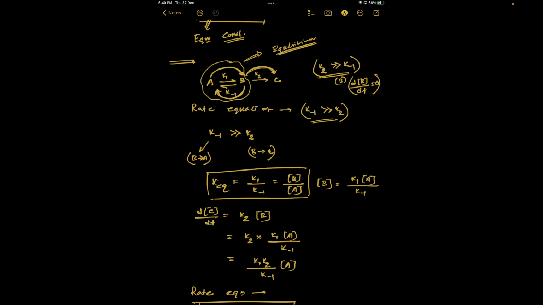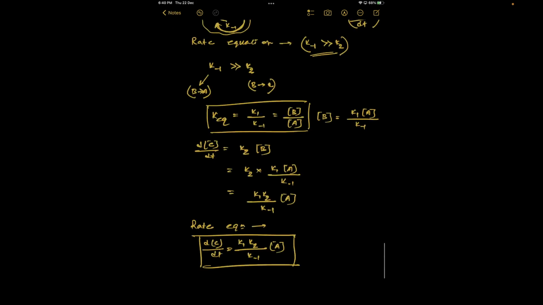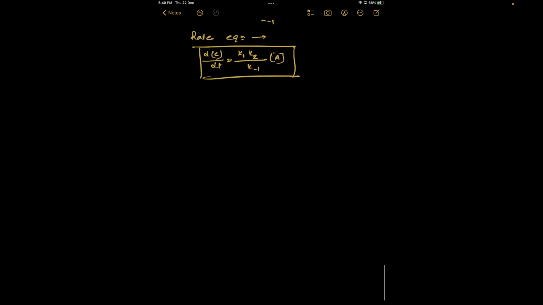Okay, that means we can apply this condition dB/dt equal to 0. Now by applying this equation we can get the right rate equation. Let's do that. So it is important actually. This is K1, this is K minus 1, this is K2.